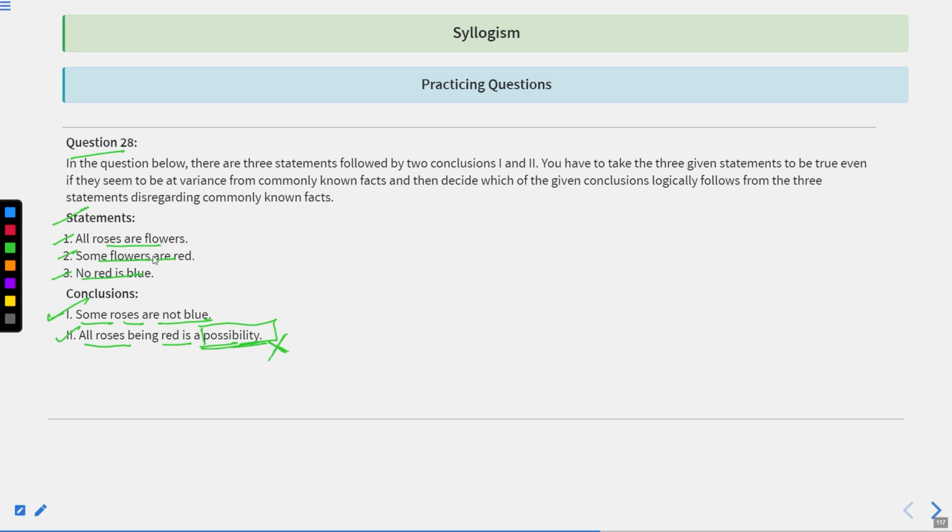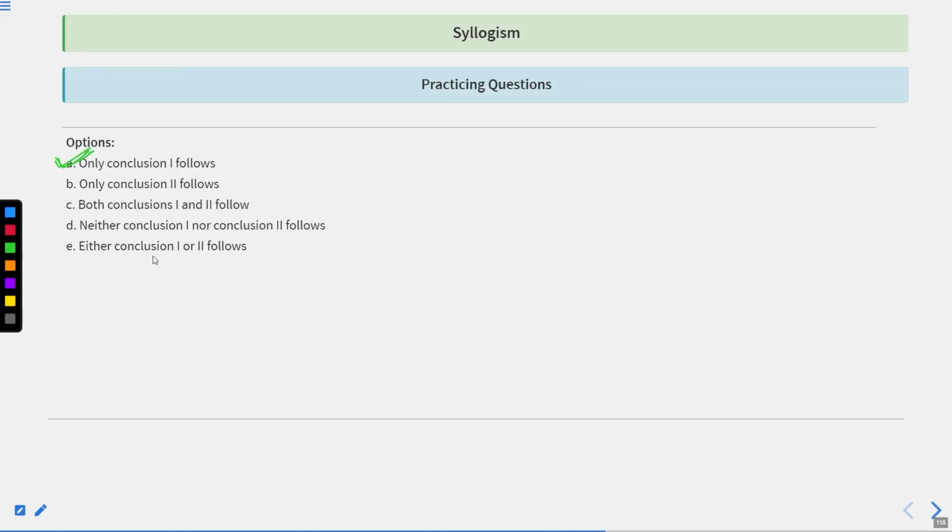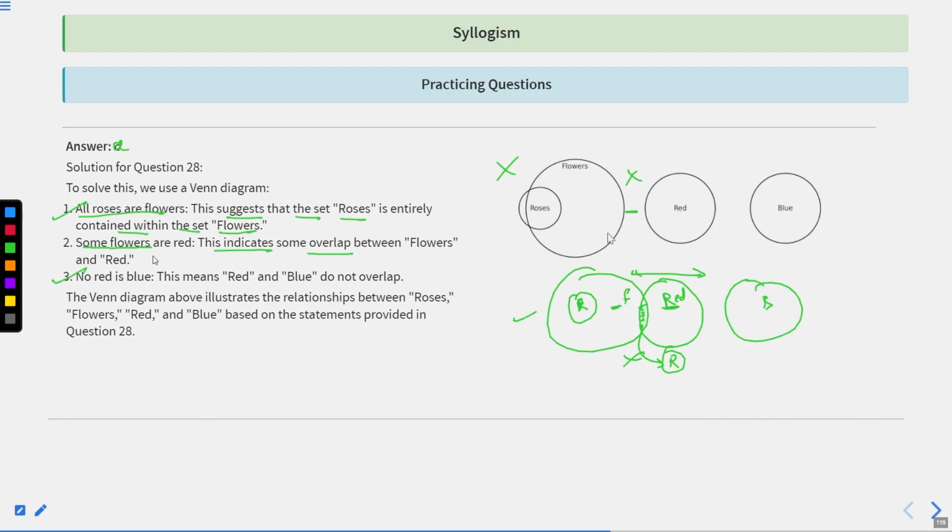But according to the steps and the rules formulated by the types of syllogism, we are 100% sure that this cannot be taken as a possibility and cannot be concluded according to the Venn diagram that is drawn. There are chances that it might be true, but we cannot directly infer. Therefore, the answer for this particular question would only be answer A.